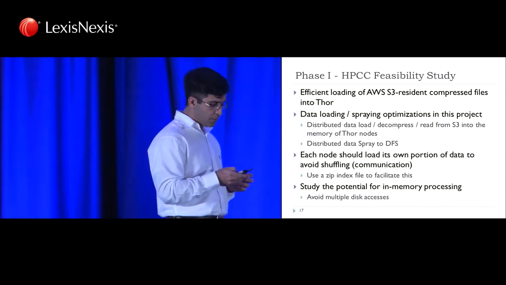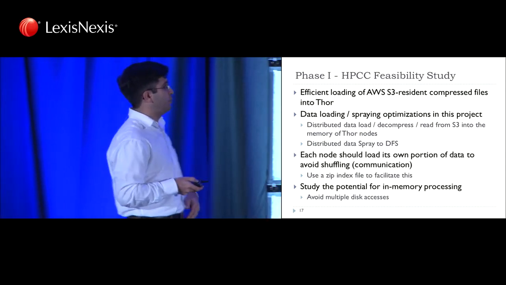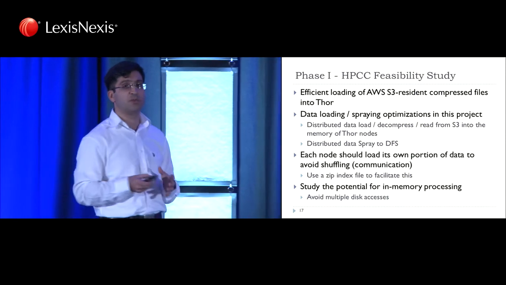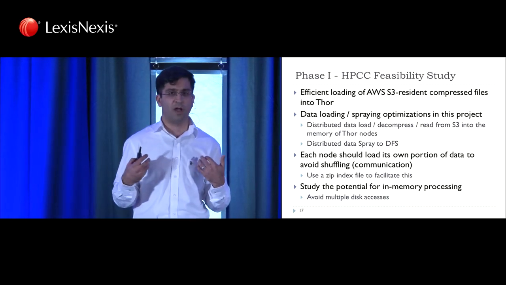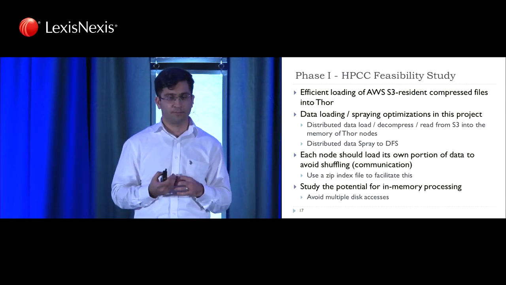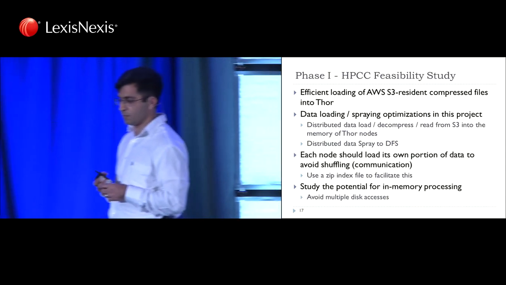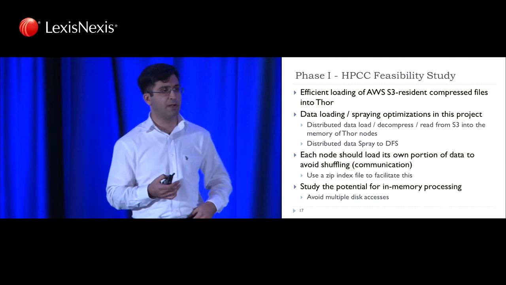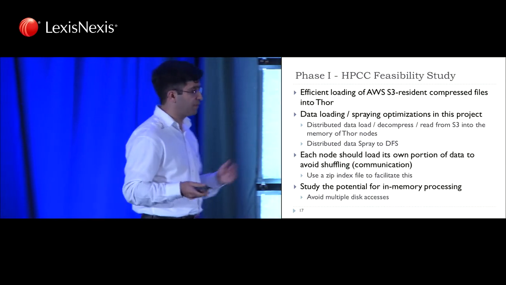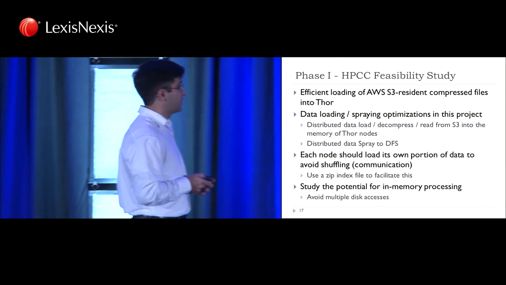So what we have been working on is a distributed operation on those files: loading, decompressing, and spraying them, or putting them into the memory where they need to be, and on the disk if that's what's desired.